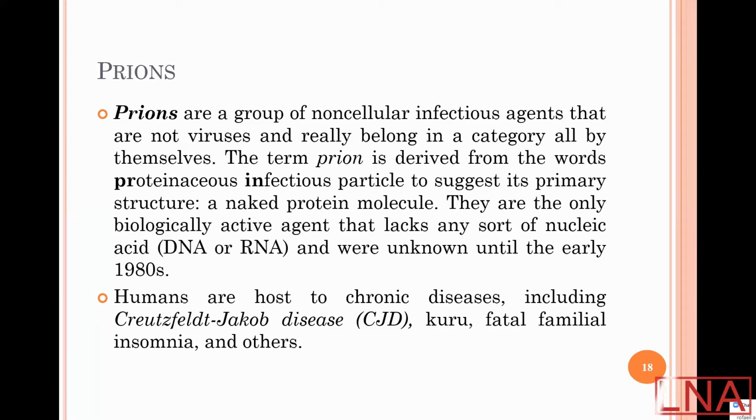Prions are a group of non-cellular infectious agents that are not viruses and really belong to a category all by themselves. The term prion is derived from the words proteinaceous infectious particles, because it's just a naked protein molecule.